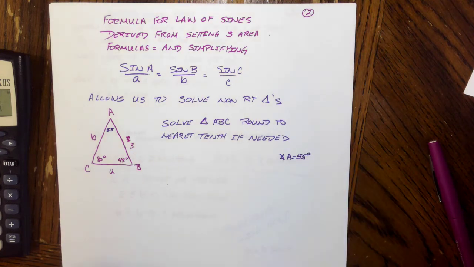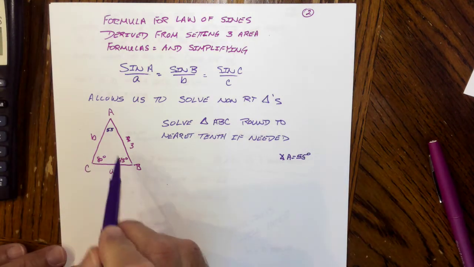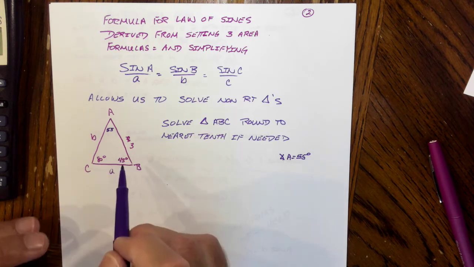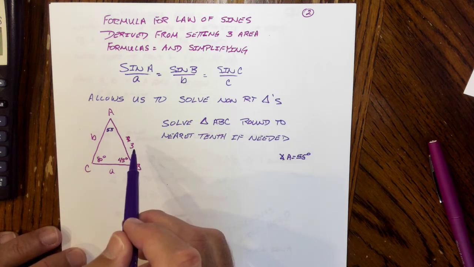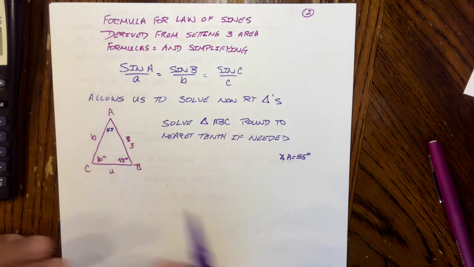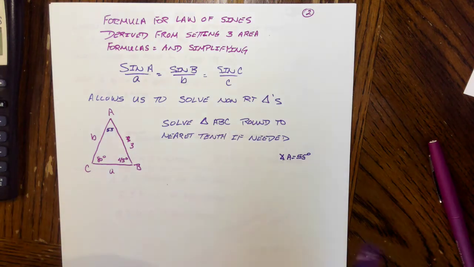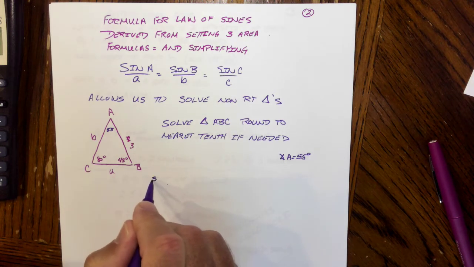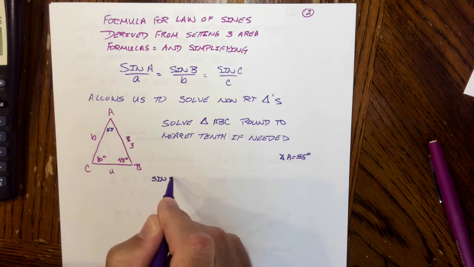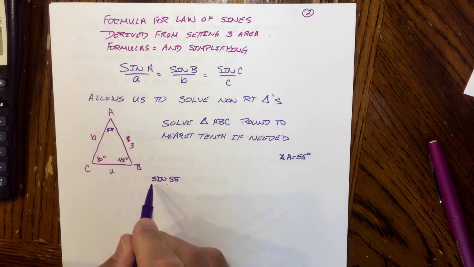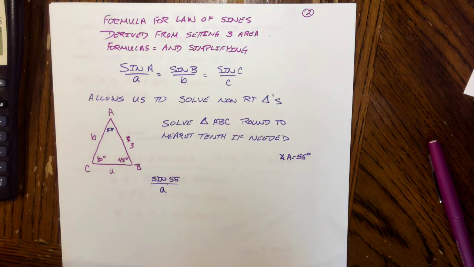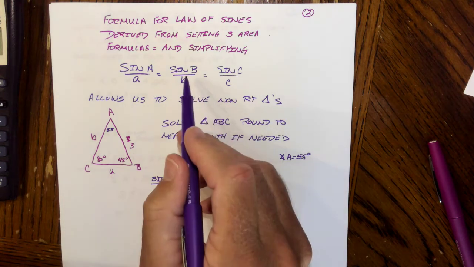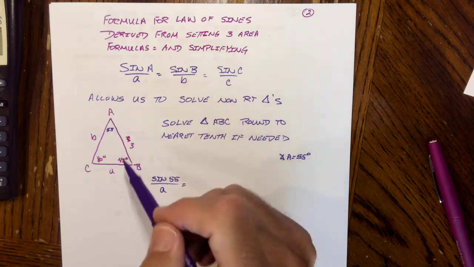Now, as we look at these angles, all are considered exact. This is considered exact because it was given information. So let's figure out what we want to find. I'll go alphabetical order. I'm going to find a. So I'm going to take the sine of 55 over lowercase a equals, I can use B, I can use C. Well, let's look. I don't have both parts of this ratio.